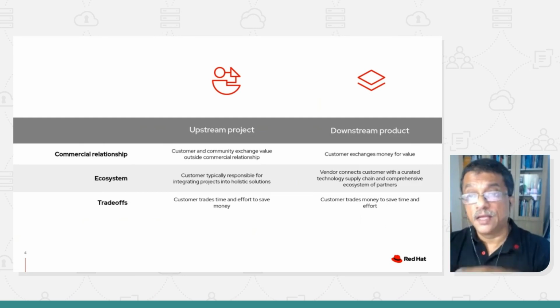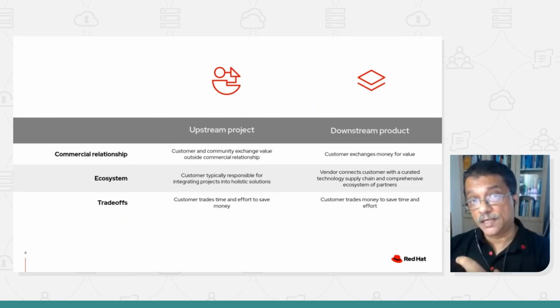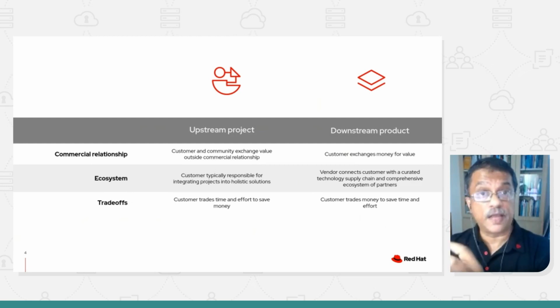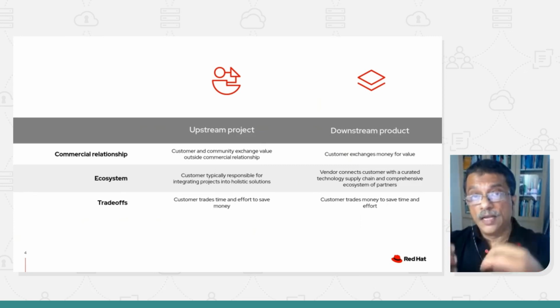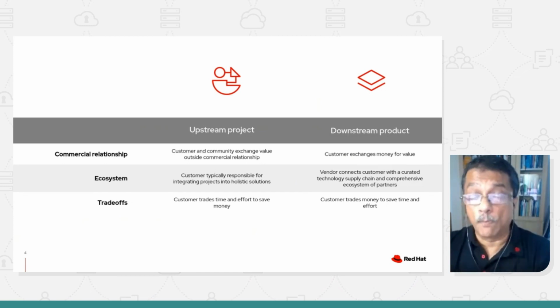You are trading the cost of bringing a party who is fully empowered to make it work and work as well as it can possibly be. Instead, you are now having to make sure that your own people are able to take on the roles and responsibilities and build the skill sets and the knowledge and the experience to make all of this work together in a complex project.